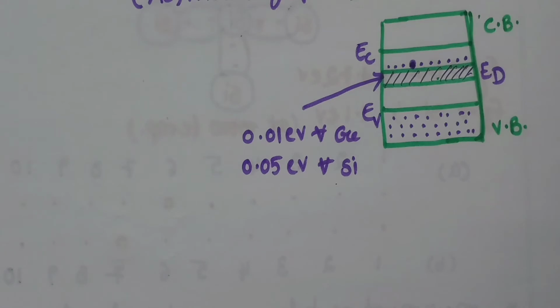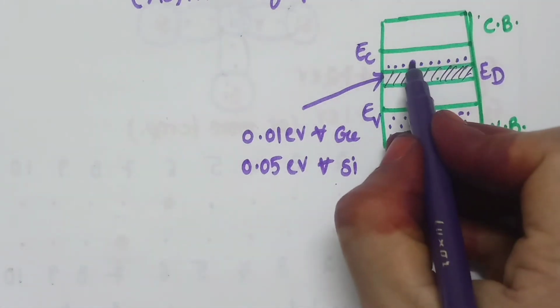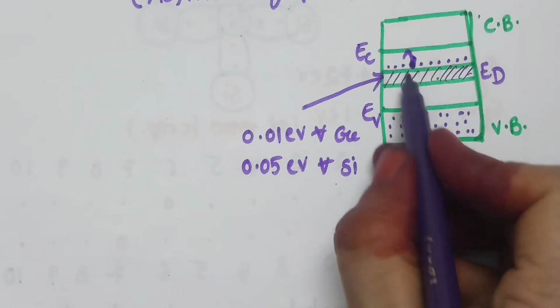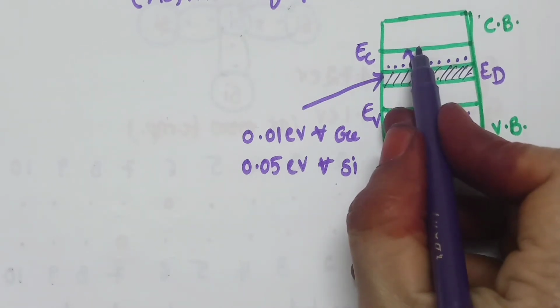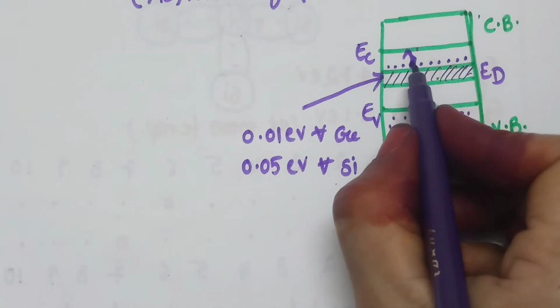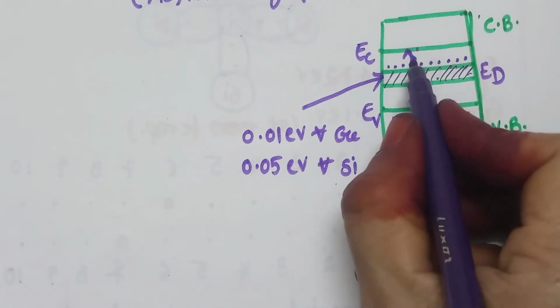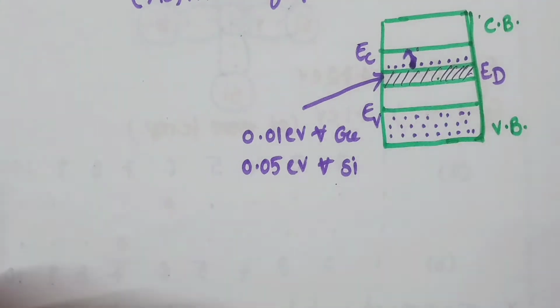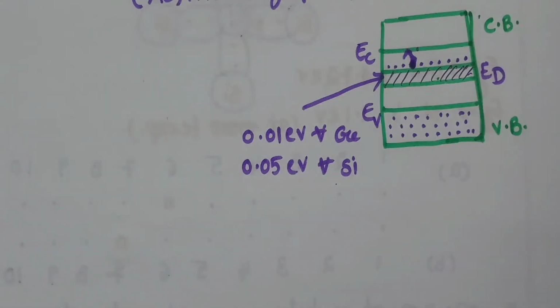The donor electron moves from the donor energy band to the conduction band because the energy gap between the donor energy band and the conduction band is less. If the free extra electron moves from the donor energy level to the conduction band, there is no way to form holes in the donor energy level because the extra electron does not participate in bonding.